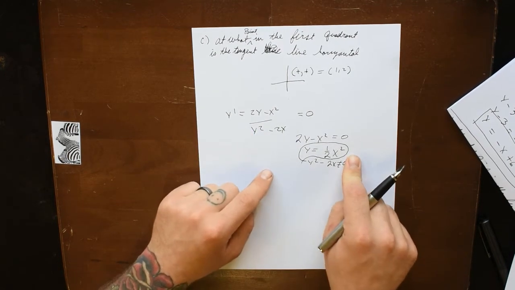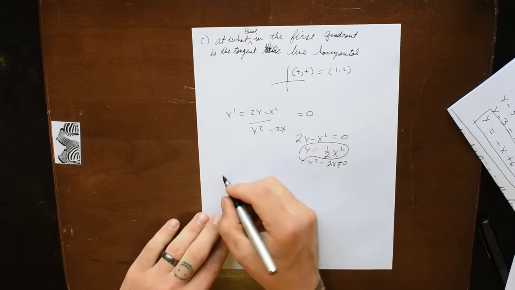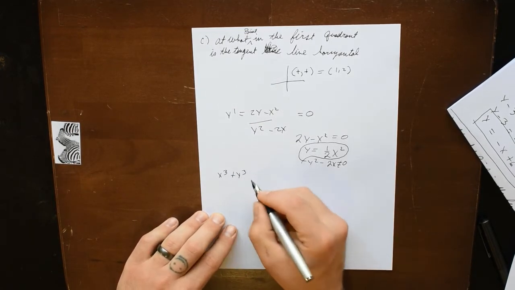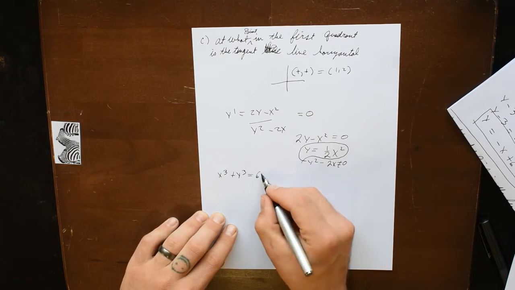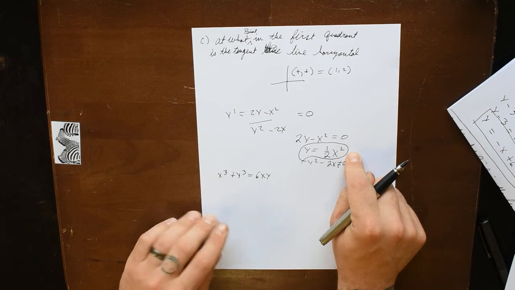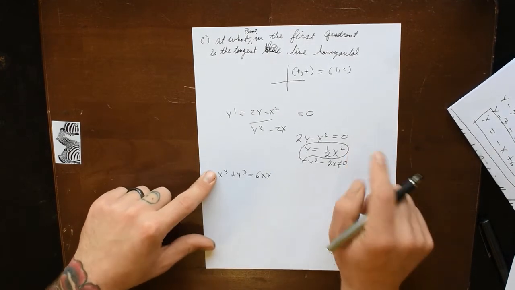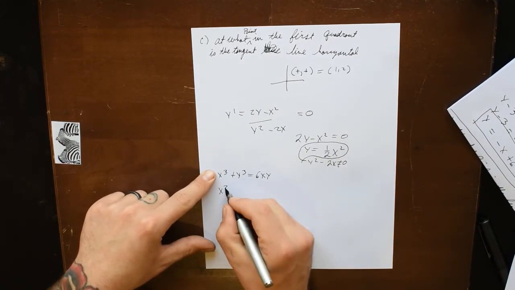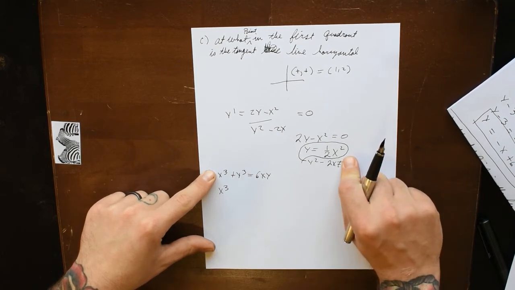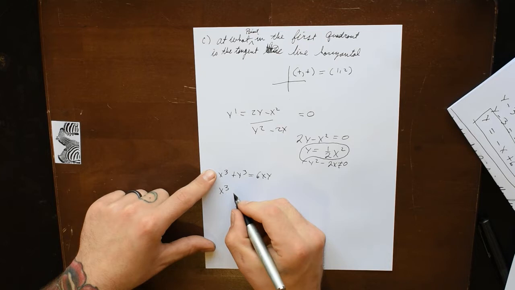What we want to do is find every value on the curve x cubed plus y cubed is equal to 6xy that satisfies this relationship. Or in other words, we want to restrict this curve to only give us values that also satisfy that relationship.